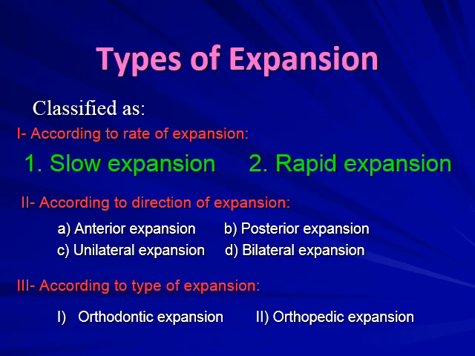Is it unilateral one side or bilateral on both sides? We can classify it according to the type of expansion. Is it an orthodontic expansion, which works only on a dental expansion, شغال على السنان, or an orthopedic expansion, which works on the dental and the skeletal, so it works on the teeth and the basal bone too.